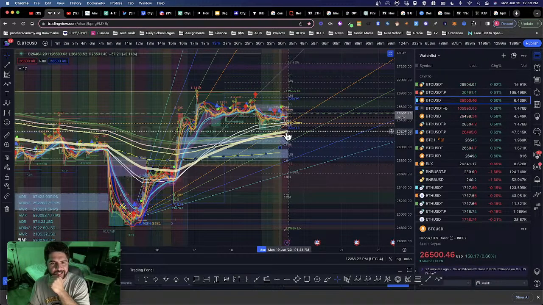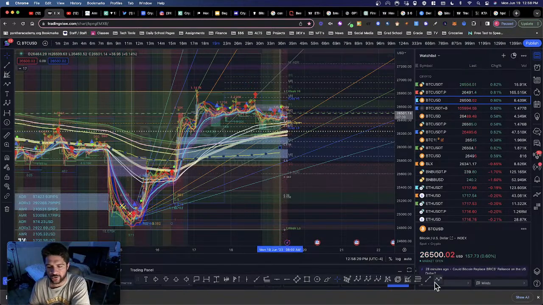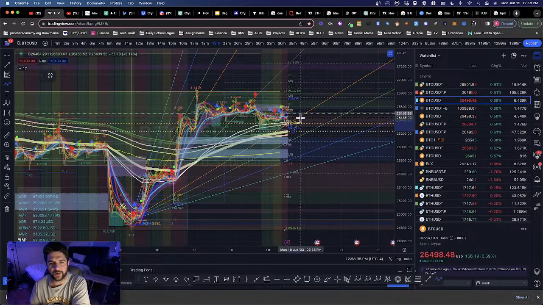19-minute, 369. Here's where you might get a bounce. This region right here. That's why good traders ladder in their longs. They'll ladder in one here, right? In here. Okay, fine. I'll ladder in here. Fine. I'll ladder in the most down here, right?